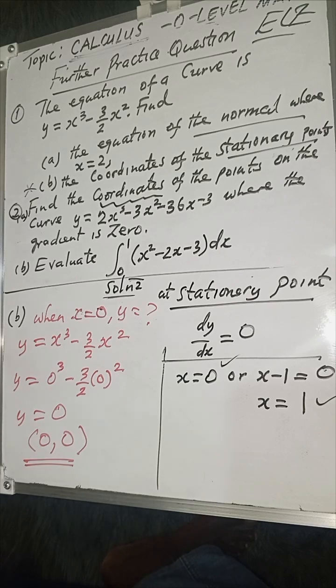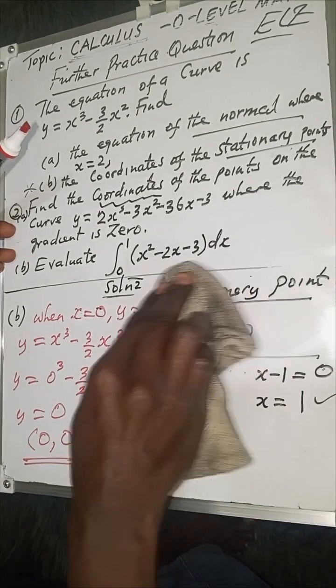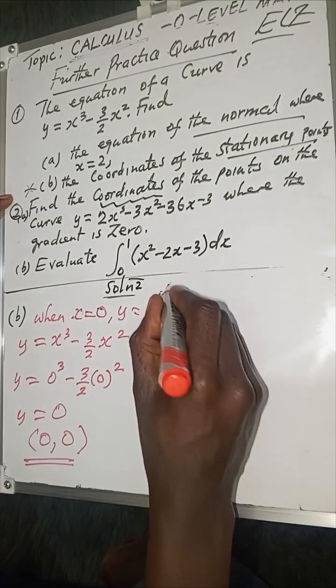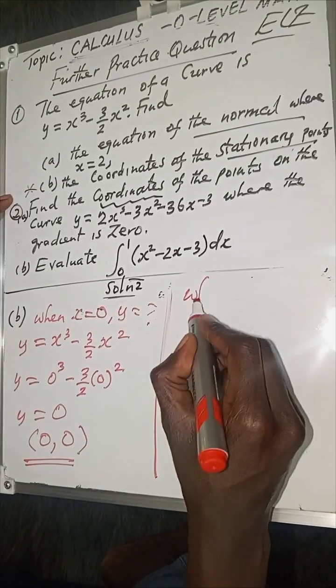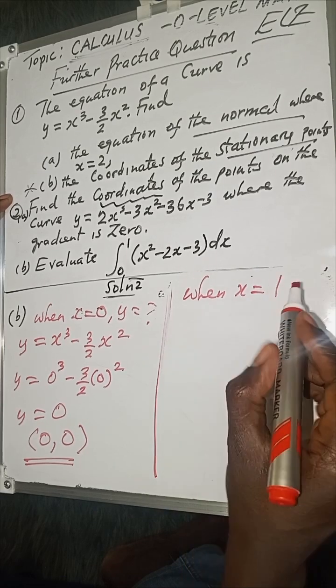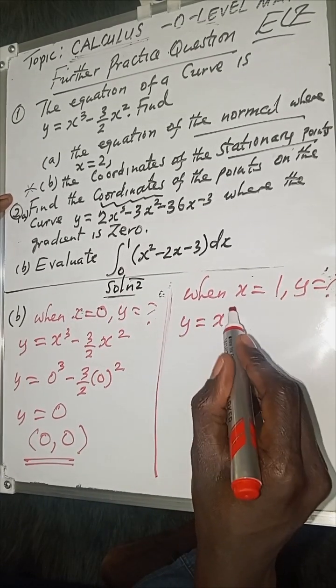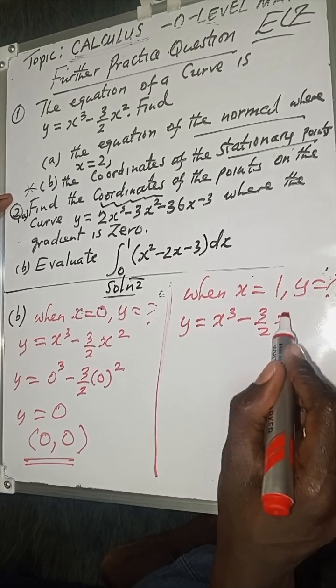Then to find the other coordinate there, we are going to say when x is equal to 1, what is the value of y? Again, we replace the x raised to the power 3 minus 3 over 2 x squared.